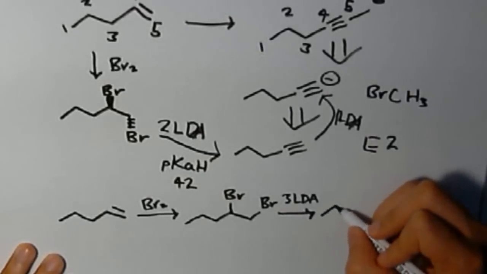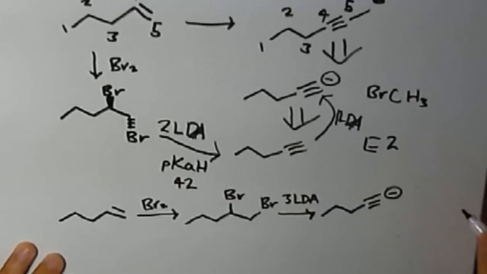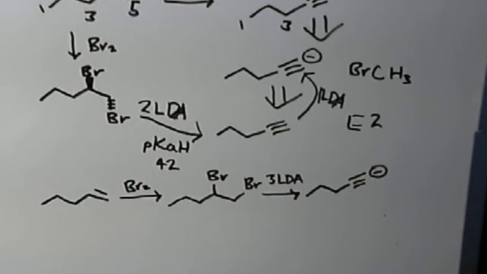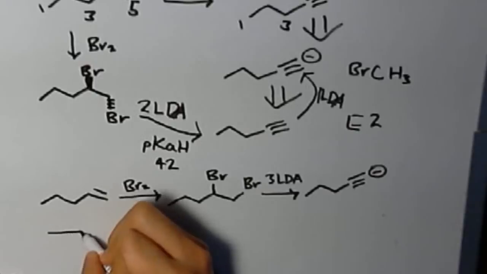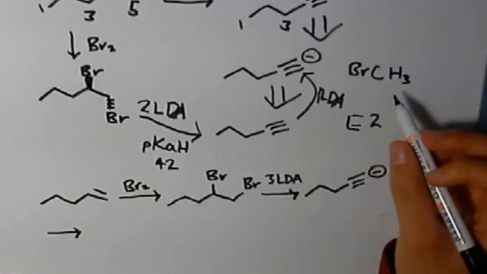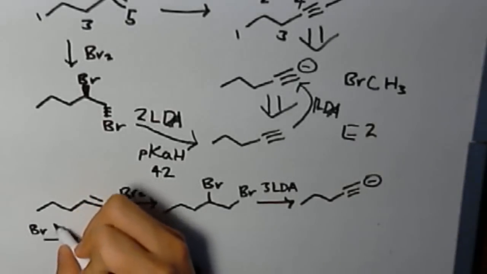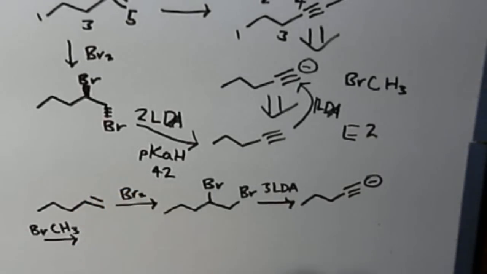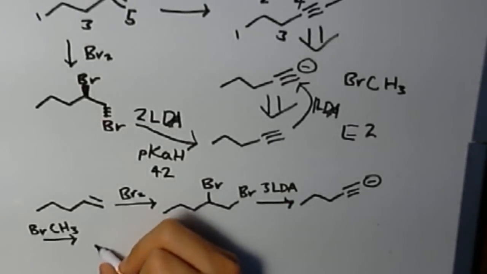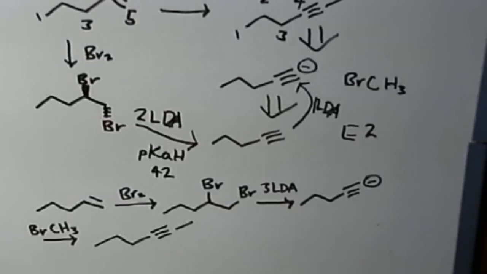And that's going to take us to the deprotonated alkyne. Then we're going to react that with our leaving group attached to the carbon and 3 hydrogens, and that's going to bring us to our desired product.